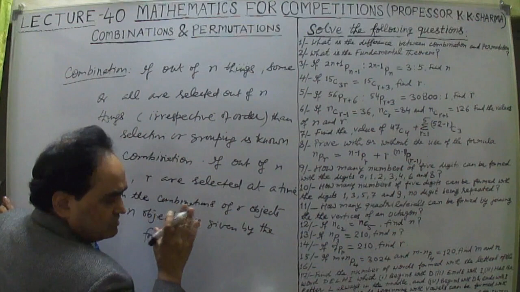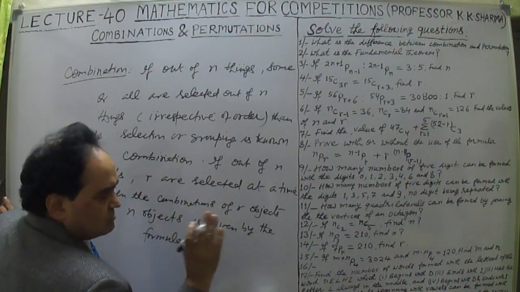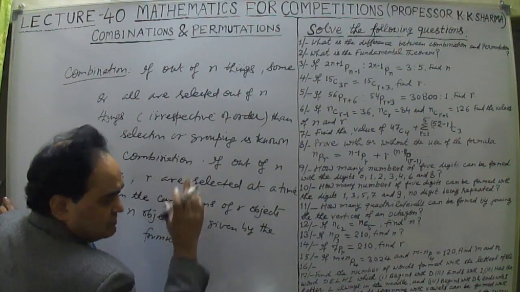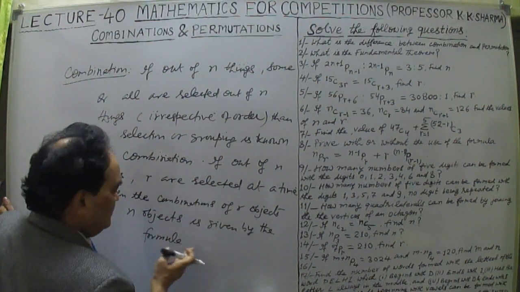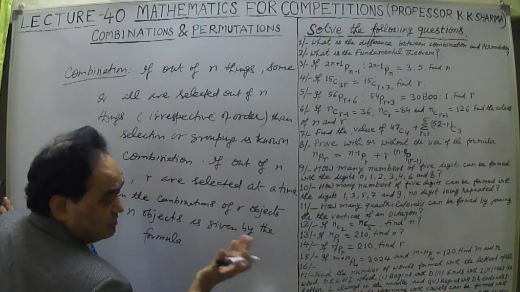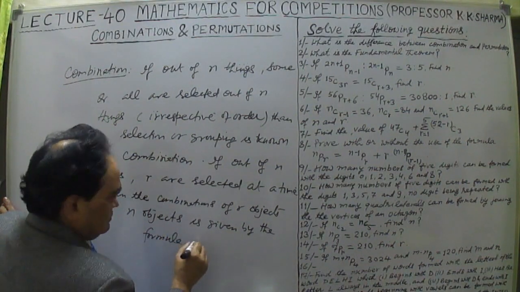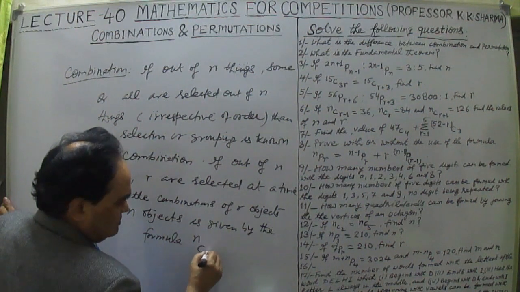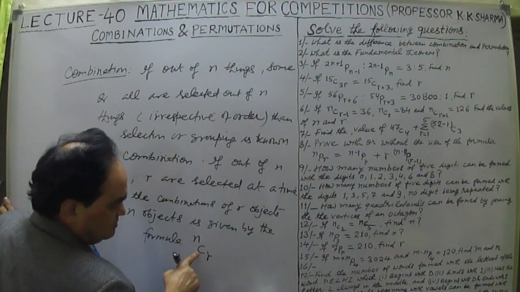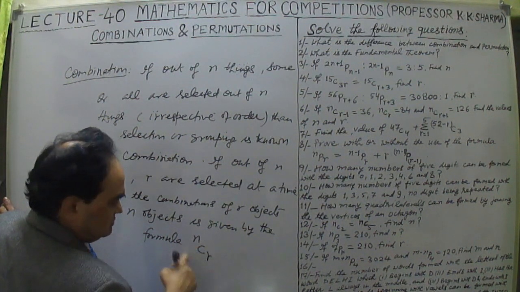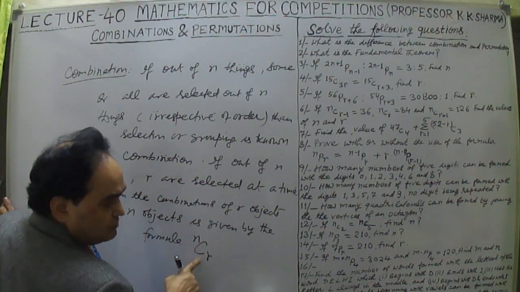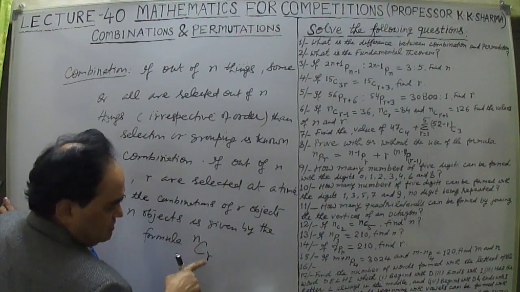I'll illustrate this clearly, how this formula is used and what it means. It is given by the formula and is written as nCr. This capital C here denotes combination. So out of n, r are selected.